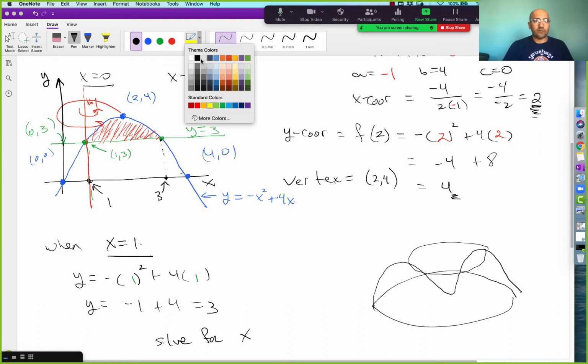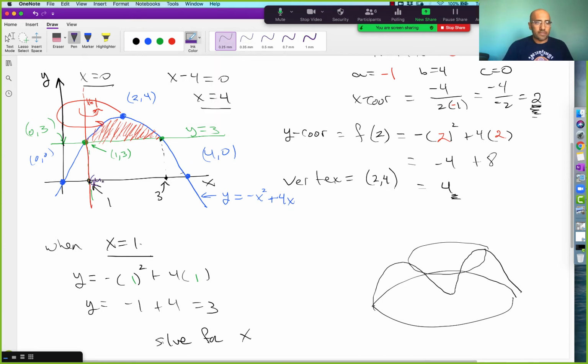What should I put it as? Let's put it in. All right, so the x is ranging from 1 to 3, and here's our y, it's going from 3 to 4.